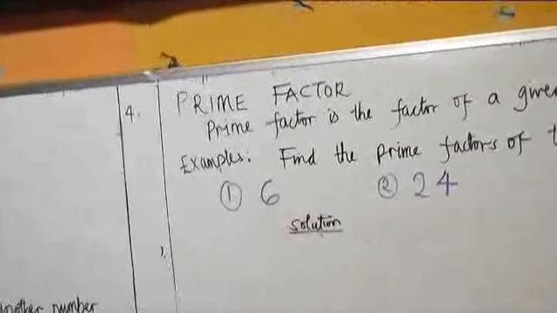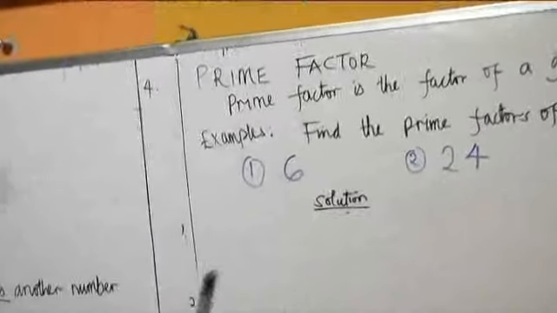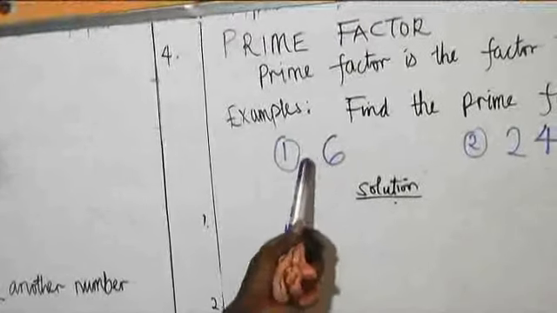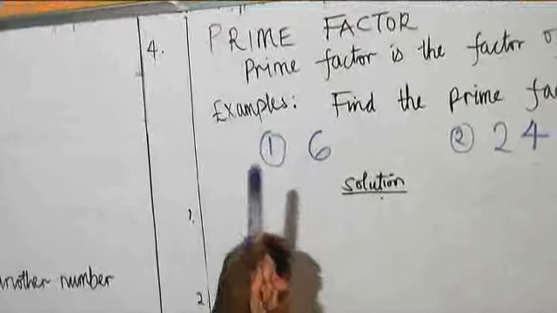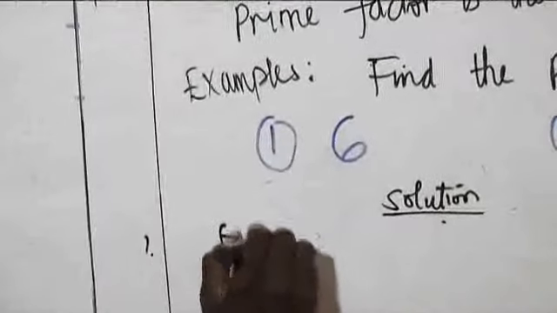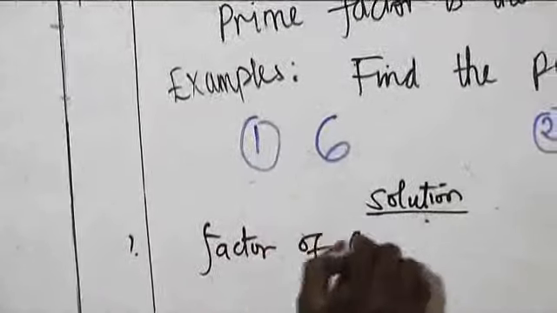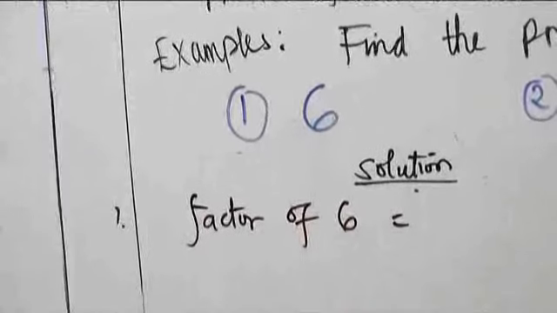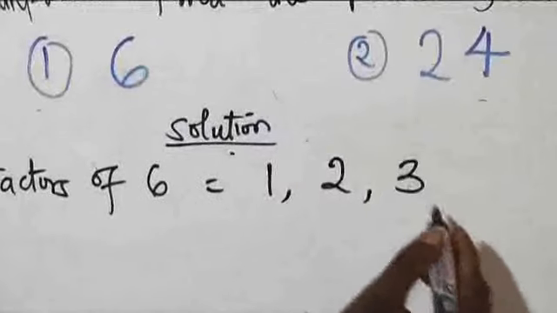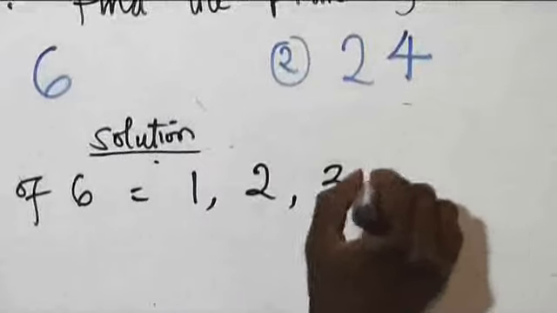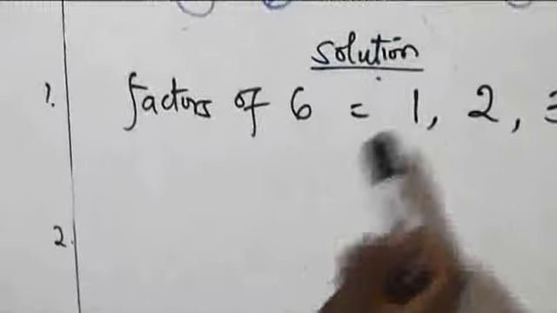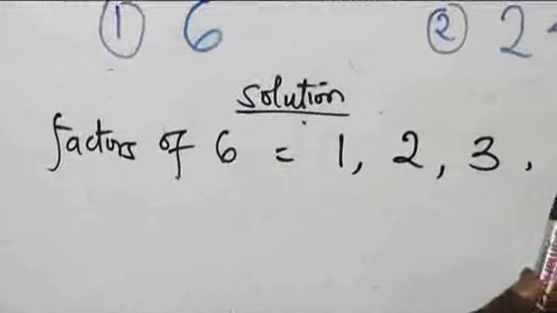The first thing you must look for when looking for the prime factor of 6 is the factor of 6, which we have done before. So the factors of 6 are what? 1, 2, 3, and what? 6. Good. So we have 1, 2, 3, and 6.